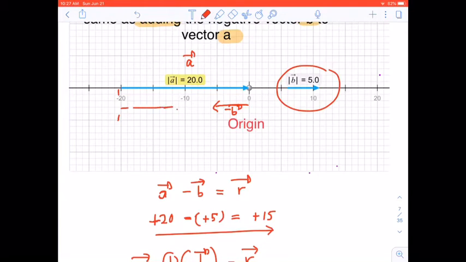My resultant is that. And when we want to get the resultant geometrically, we say vector A plus vector B. So it's tail, head, tail, head, and that gives us the resultant. Okay.